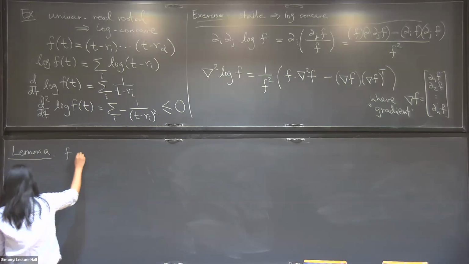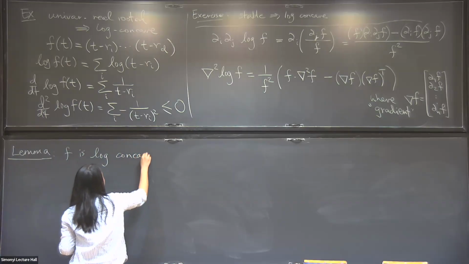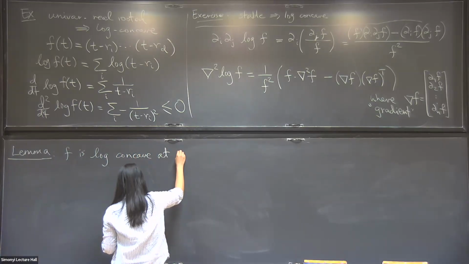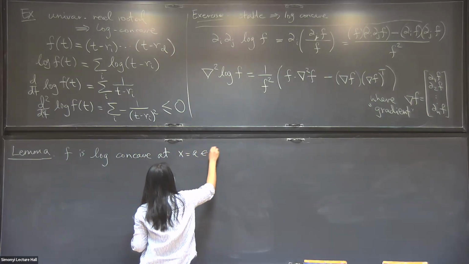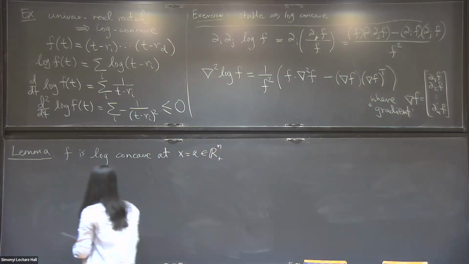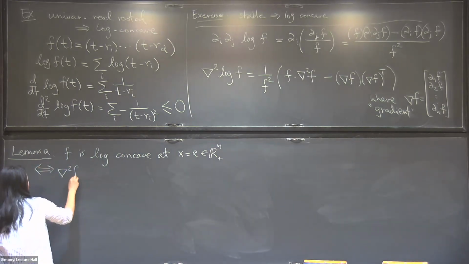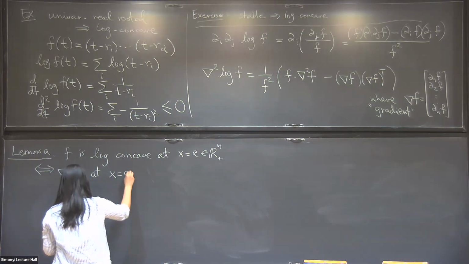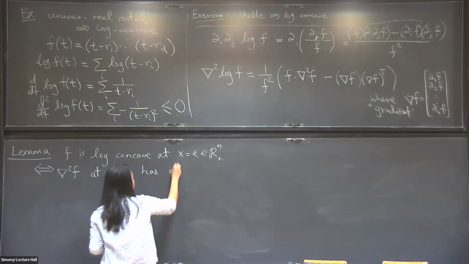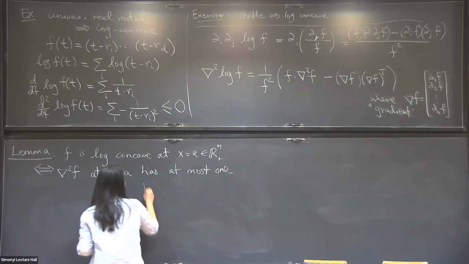So f is log-concave at a point in the positive orthant if and only if the Hessian at x equals a has at most one positive eigenvalue.